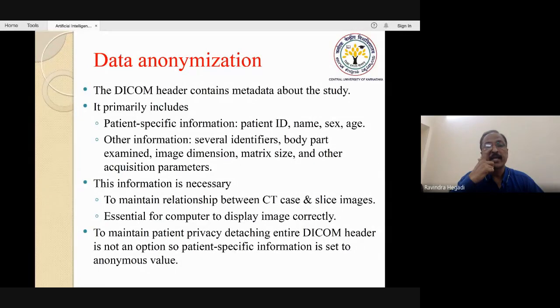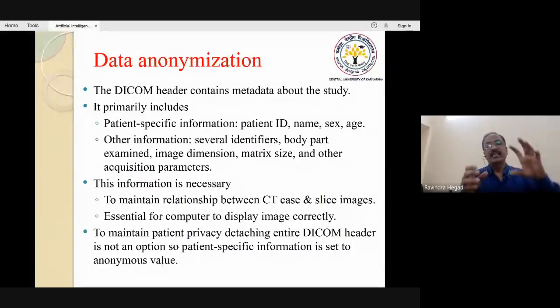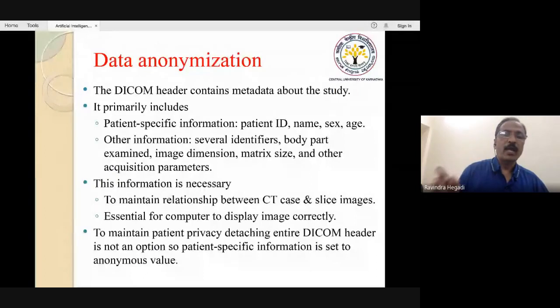The DICOM contains metadata of the study. The entire information will be there in the DICOM. These are DICOM images we have collected. In the header part, this information is stored. It primarily includes patient specific information such as patient name, ID, sex, age.